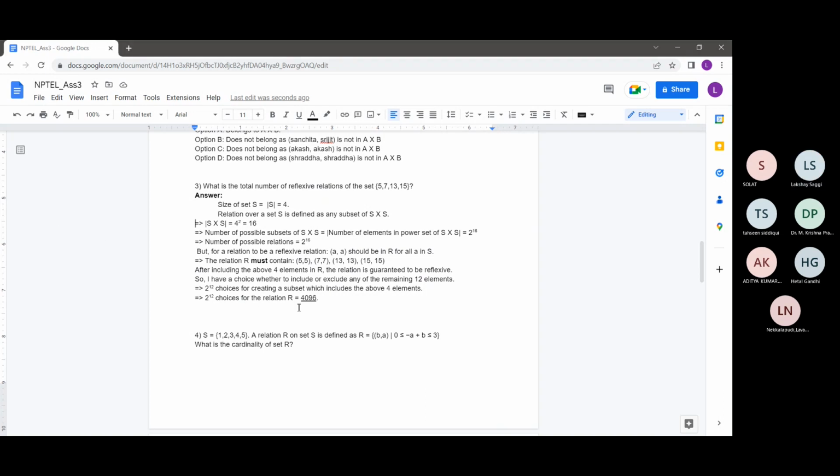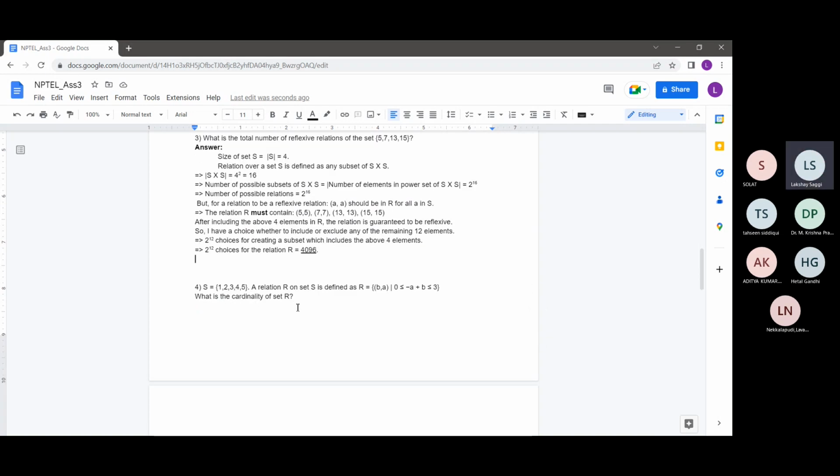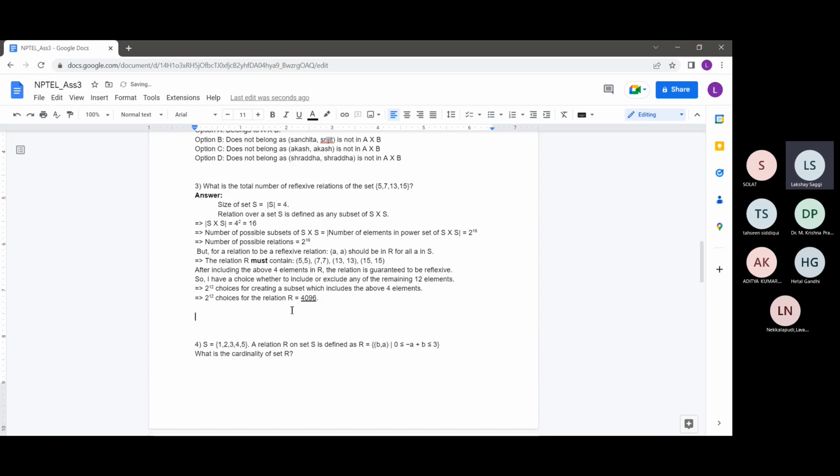Nice. So just to add on to this question, guys, suppose instead of the total number of reflexive relations, what if we need to find the total number of symmetric relations of this set only?